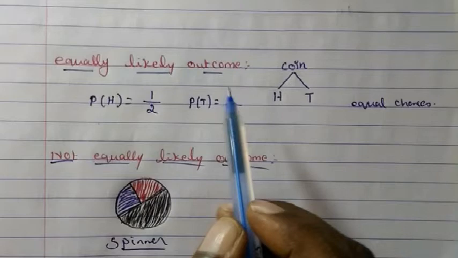Now in the first question, a driver attempts to start a car. The car starts or does not start. So what type of outcome is it? If the car is in good condition, it will start. But if it does not start, there can be a lot of reasons.